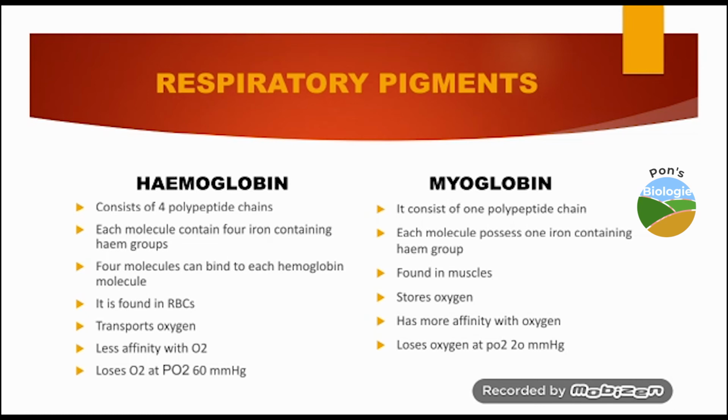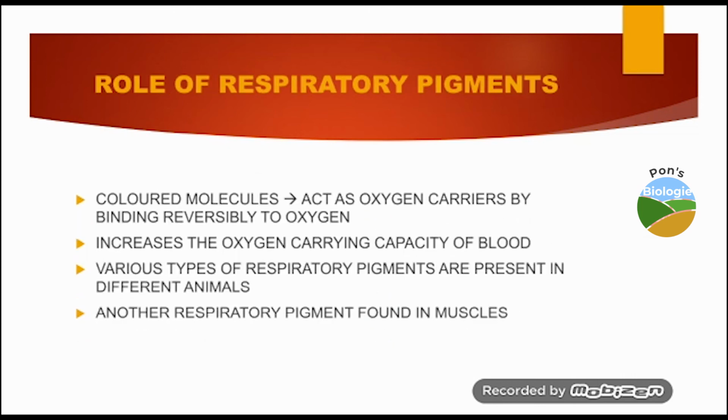Hemoglobin has less affinity with oxygen as compared to myoglobin. Hemoglobin loses oxygen at a partial pressure of 60 mm mercury, whereas myoglobin loses oxygen at a partial pressure of 20 mm mercury.